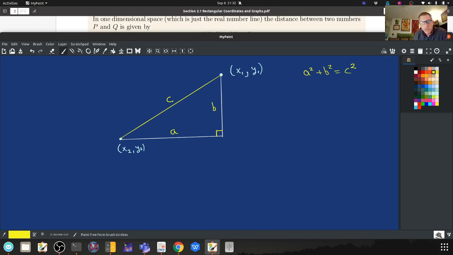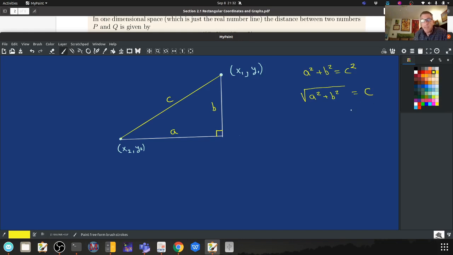So if I want to know just the value of C, then I take the square root of both sides. And remember, when I take the square root of C squared, I just get C, and it's a positive value, because if I want the negative root, I would put a negative here. When I don't have a negative here, this is assumed to be a positive value.